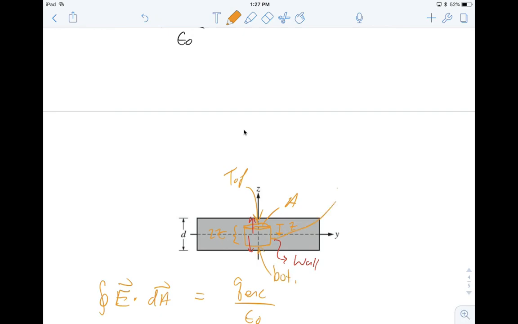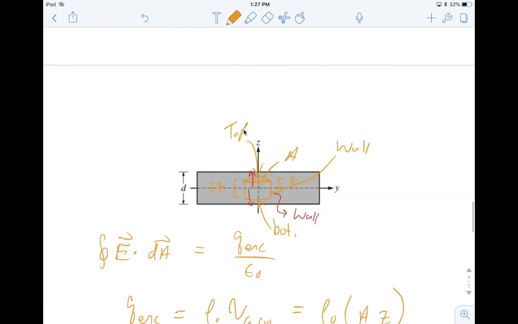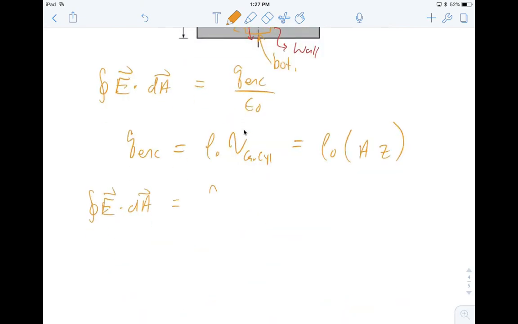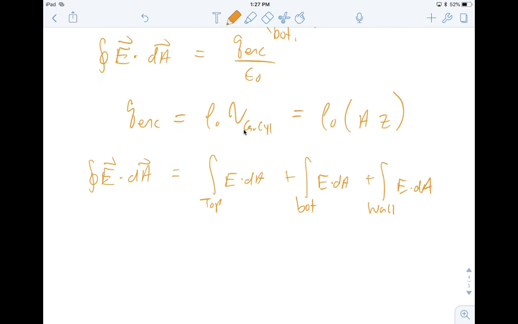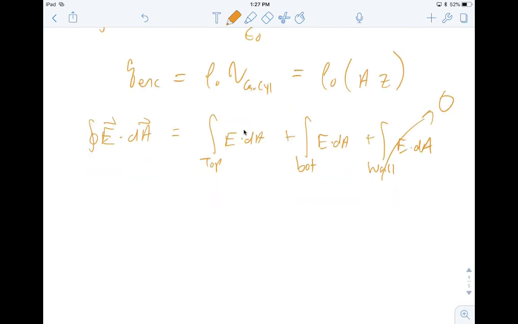So this integral will equal integral of the top E dot dA, plus integral of the bottom E dot dA, plus integral of the wall of the cylinder E dot dA. We said a second ago that the electric field is parallel to the wall, so that flux is 0. The electric field for the top and bottom should be exactly the same, so we could write this as 2 integral E dot dA, combining those two.